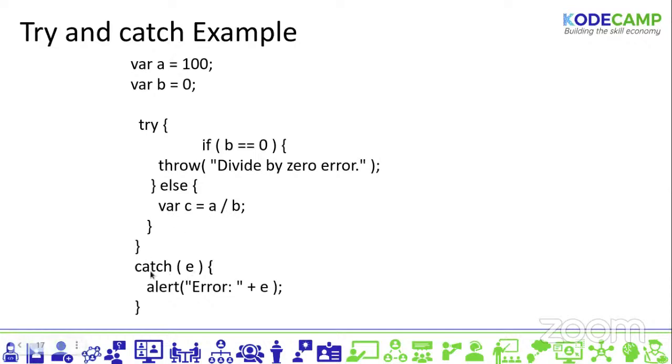Now, have you seen something inside this try? We throw an error. So when we throw this error, we can catch that error here.